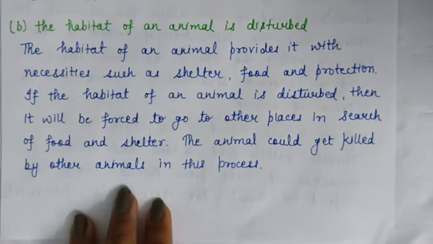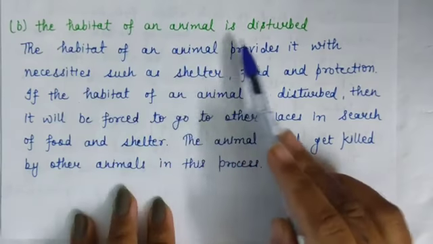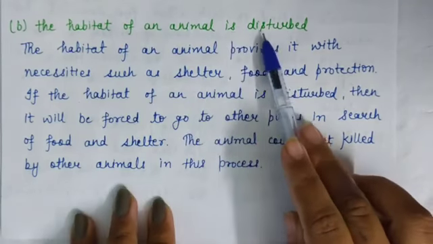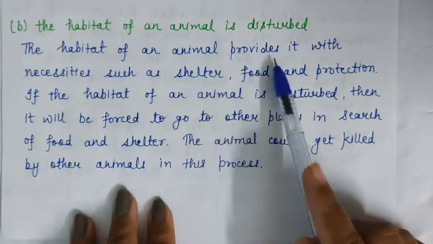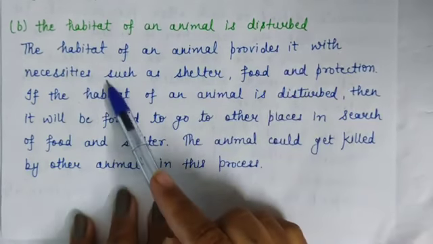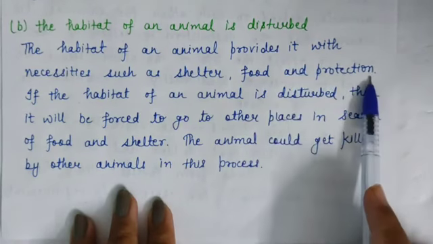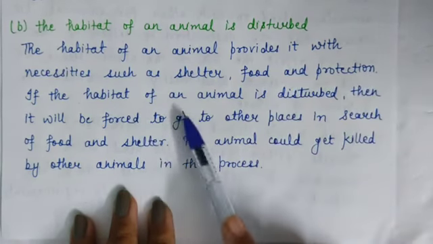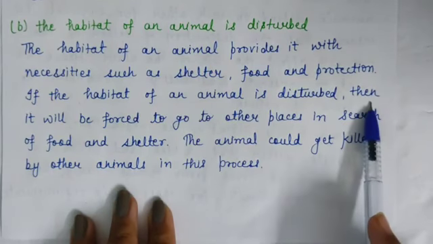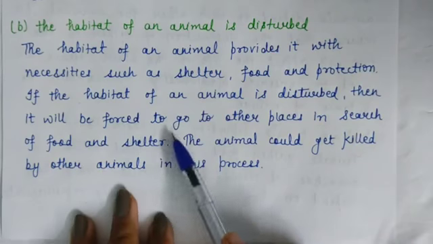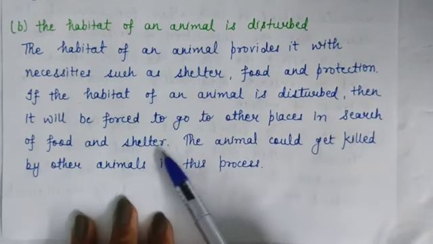Now B part is, what will happen if the habitat of an animal is disturbed? The habitat of an animal provides it with necessities such as shelter, food and protection. If the habitat of an animal is disturbed, then it will be forced to go to other places in search of food and shelter.